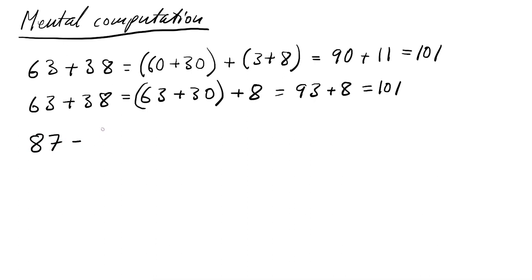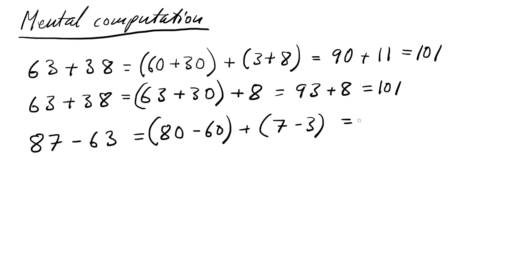Similarly, you can, for example, do subtraction. So let's say, for example, I want to do 87 minus 63. Then I can also do the tenths separately and the ones separately. So this is 20 plus 4, so this is 24. Or I can do the second tactic or strategy.